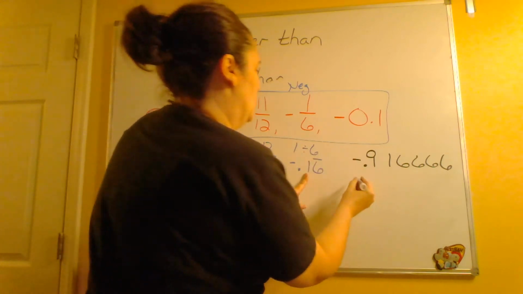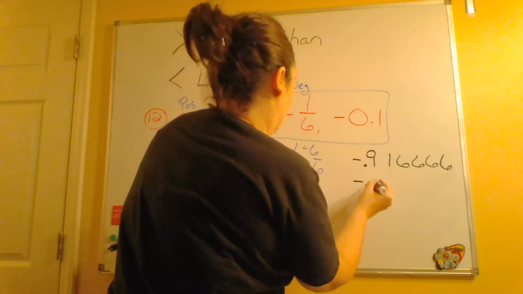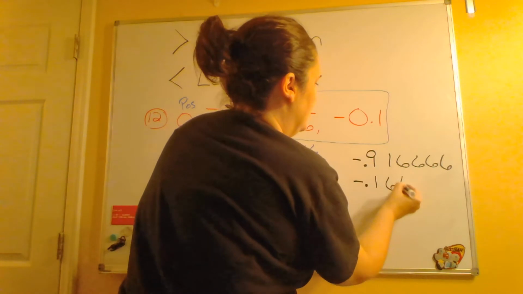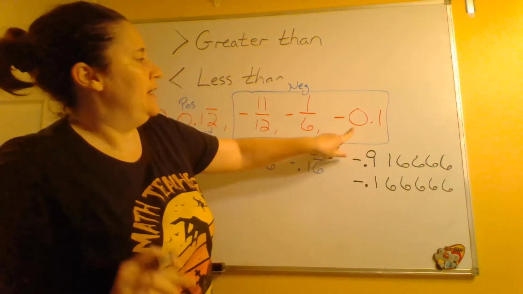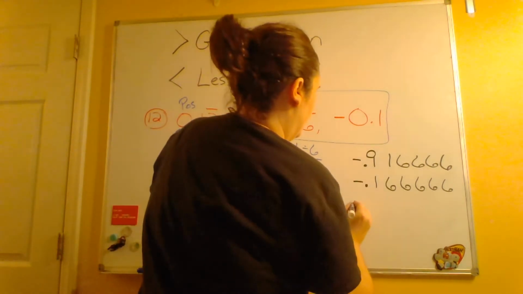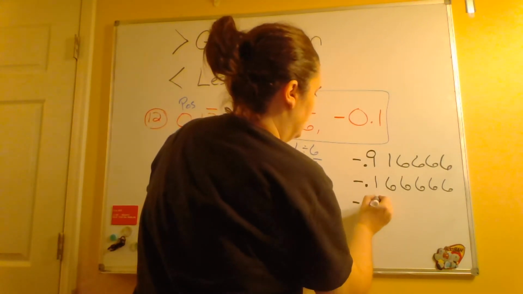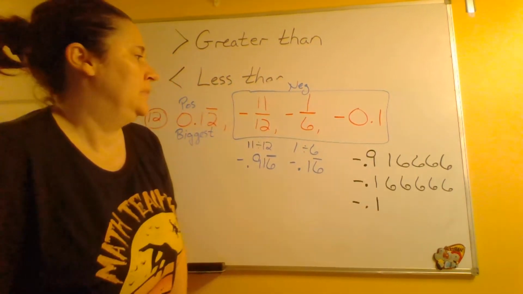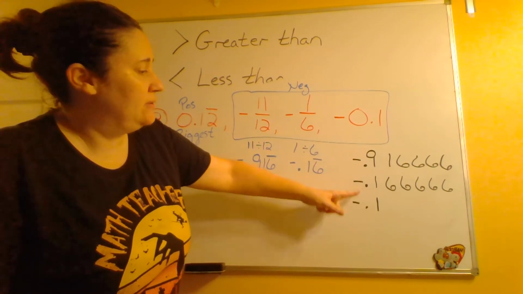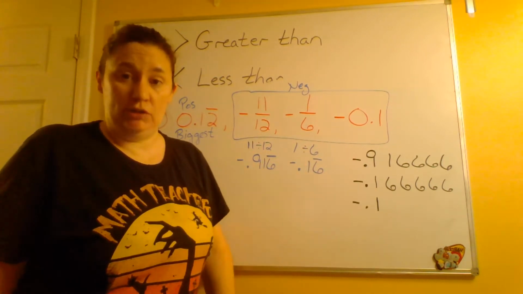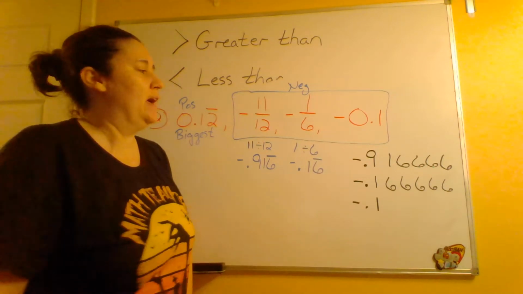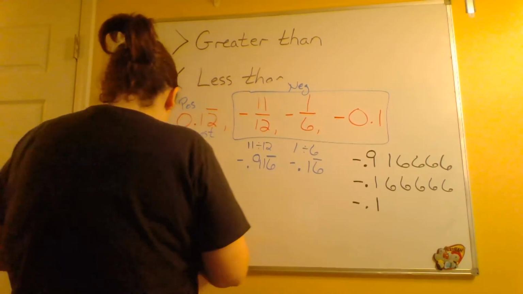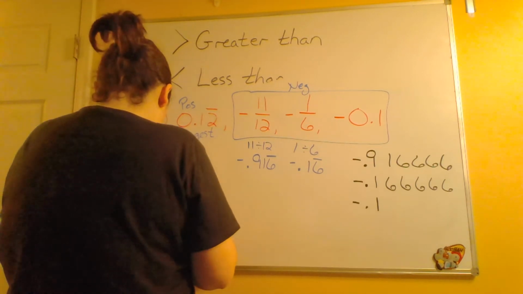For this decimal, it is negative 0.16666 repeating. And this last one is negative 0.1. You'll notice I didn't put the zeros to the left of the decimal point. You can put them there if you want, but since they're all 0 in the ones place, it doesn't really matter.